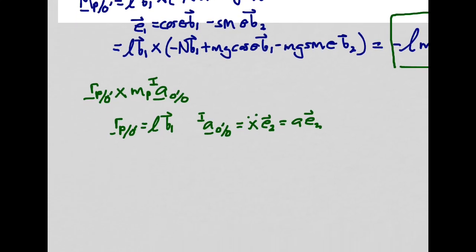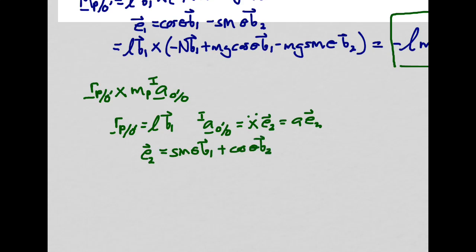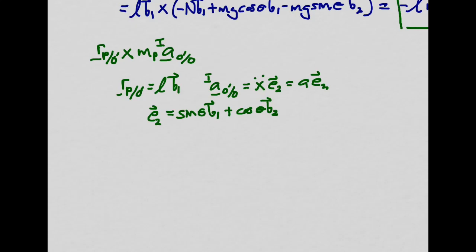So once again we have a mix of coordinates, so let's change our e2 into b1, b2, and we do that by saying e2 is equal to sine theta b1 plus cosine theta b2, and let's put all that in.